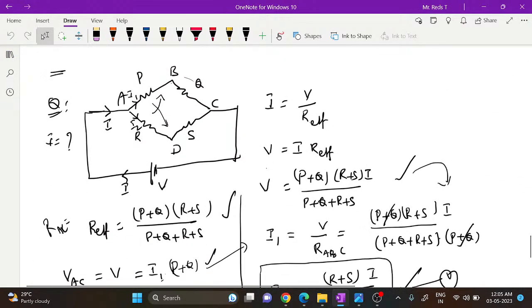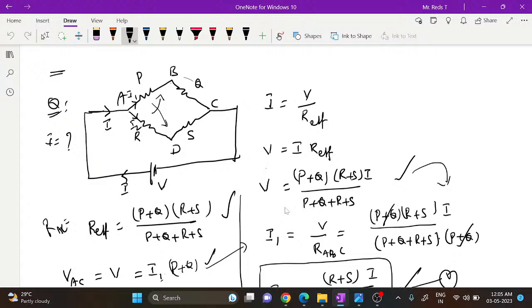According to this, by using the current divider rule, I equals V by R effective. We first have to calculate R effective. In the balanced case, R effective is (P plus Q) into (R plus S) by (P plus Q plus R plus S).